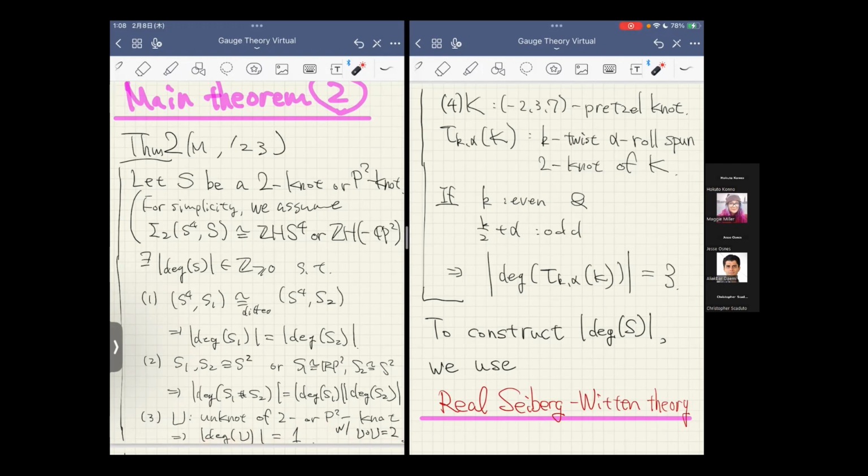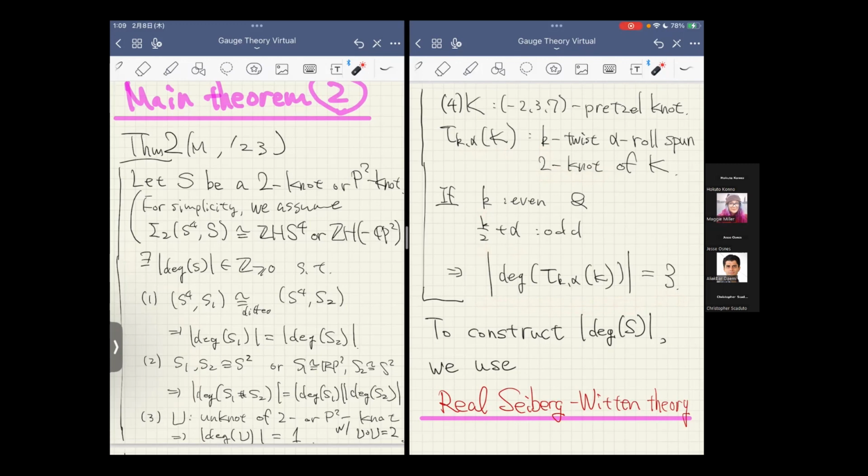And the fourth property: let K be a -2,3,7 pretzel knot, and let tau_k^alpha(K) be the 2-knot that is given by K twist alpha roll spun knot. Then if k is even and half of k plus alpha is odd, then our invariant equals 3.